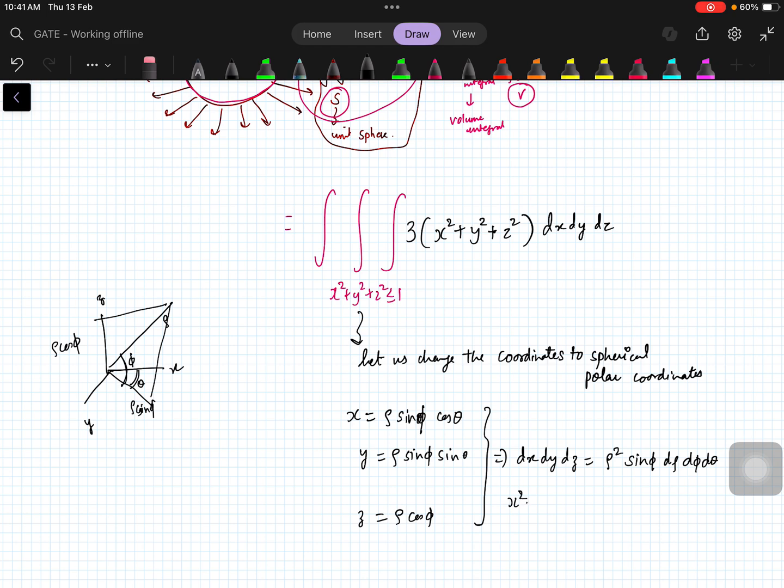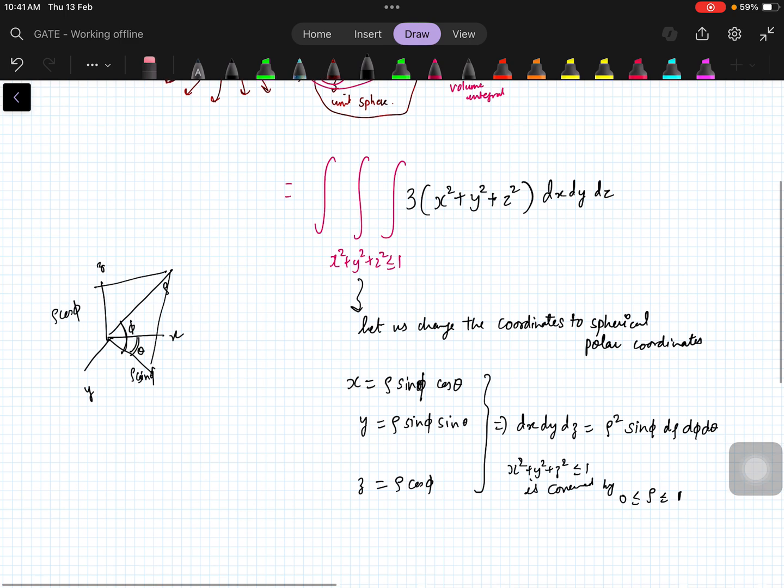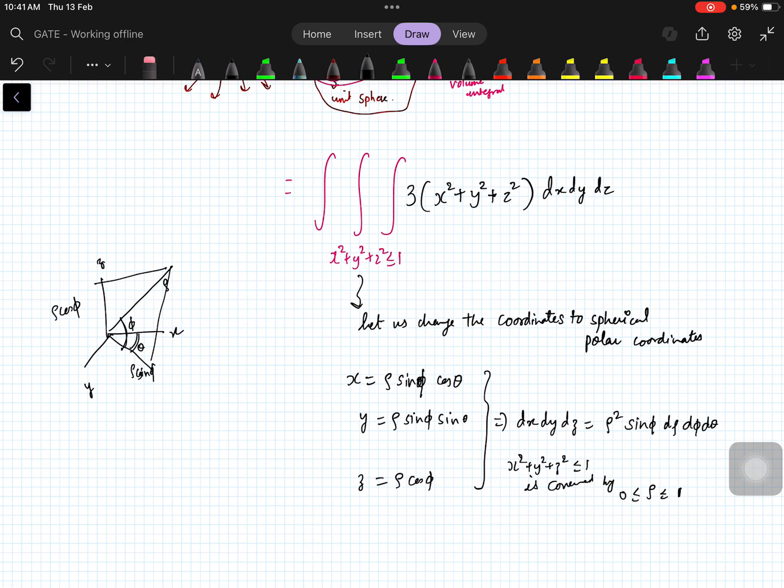Your sphere x square plus y square plus z square less than 1 is covered by rho varying from 0 to 1, phi, this angle, ranging from 0 to pi, and theta ranging from 0 to 2 pi, because this has to be full.